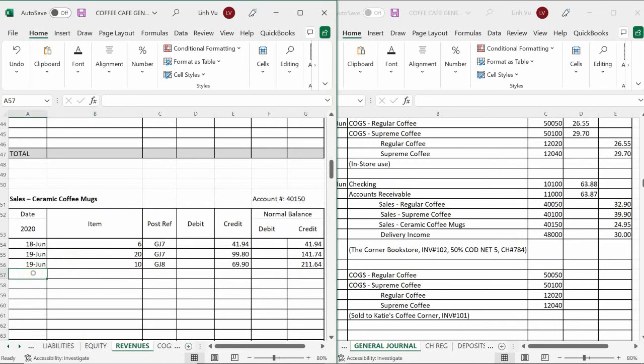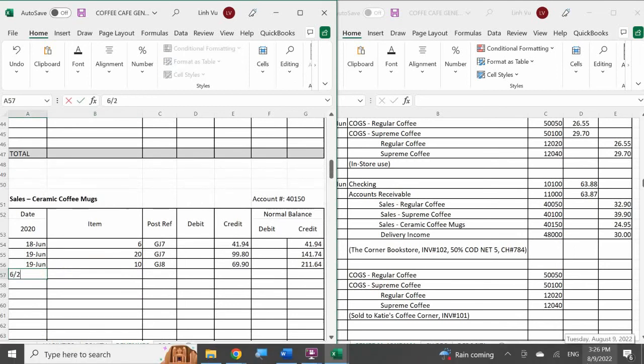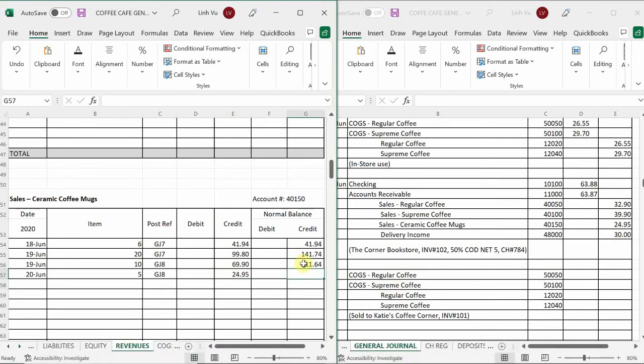And the ceramic coffee mugs? We sold 5 units on page 8. It's $24.95. And so we have $236.59 for total. $236.59.